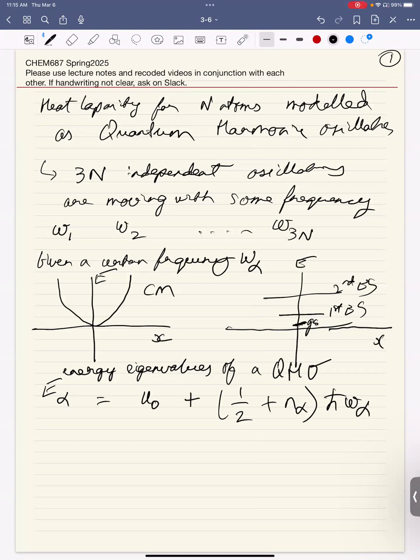So we don't know what the value of omega alpha is. We know there are 3n oscillators. They can take some different frequencies. We don't know what these frequencies are.